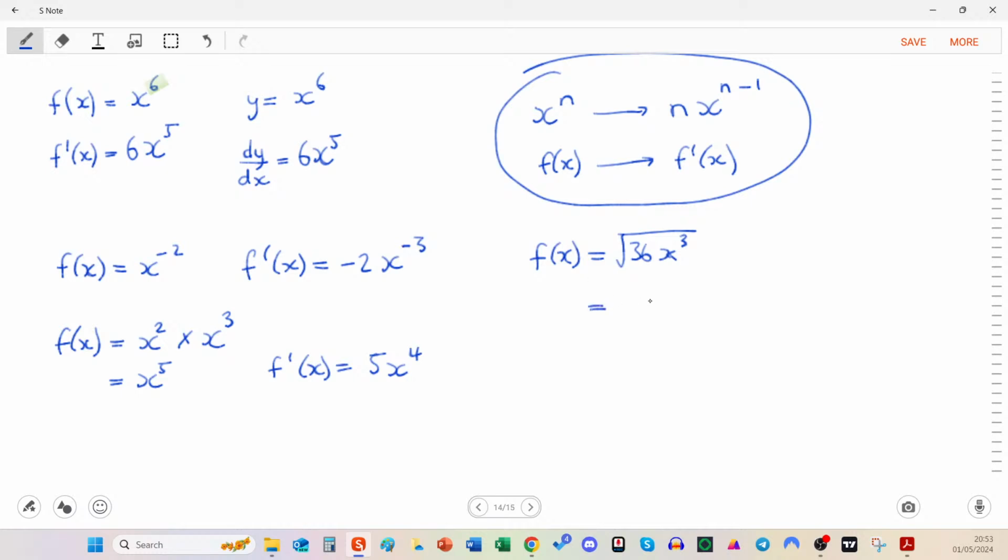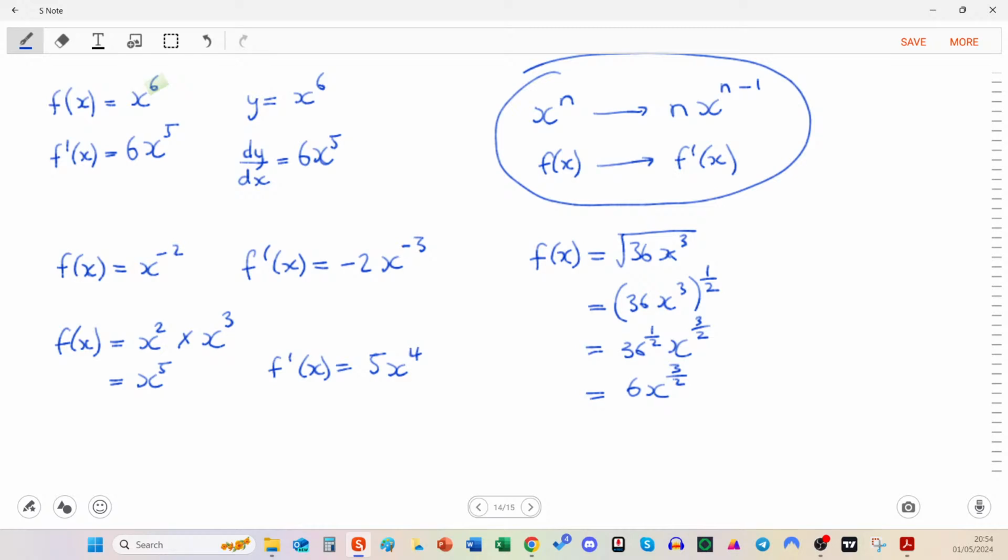So the first thing to realize is that the square root is the power half, like this. Since these two are multiplied together, we can apply that half to both of them. This is x, and that's 3 over 2, like so. And then 36 to the half is 6x to the 3 over 2.